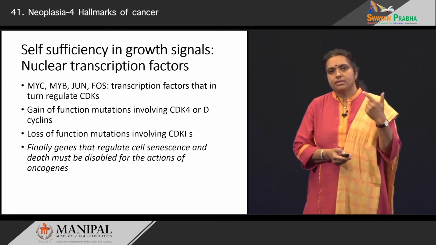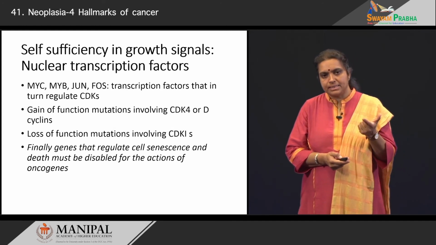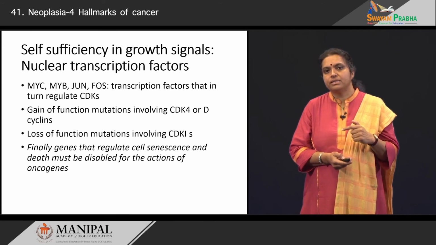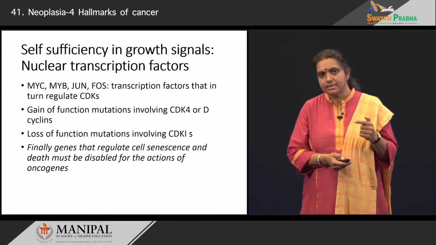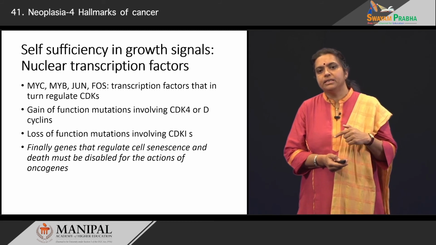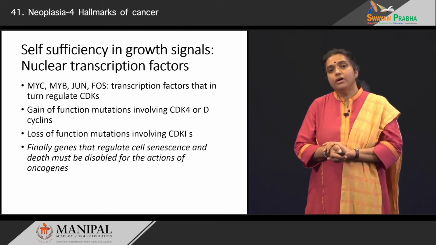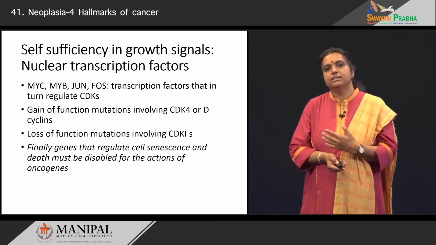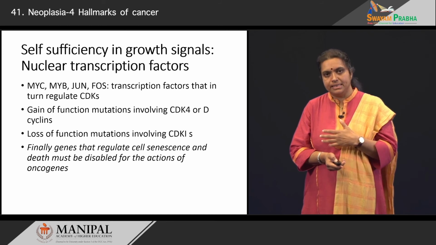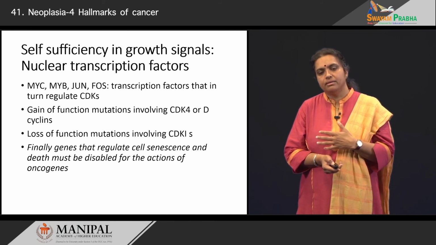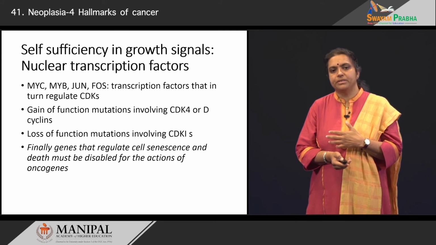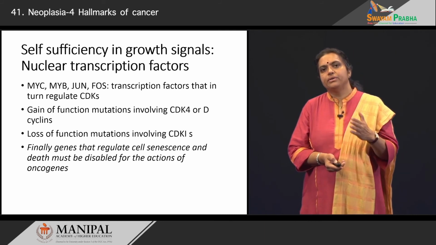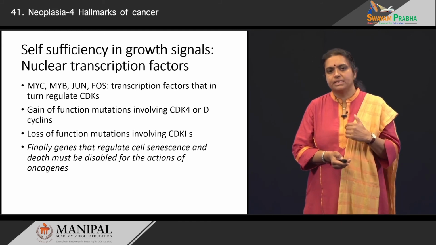In a cell that transforms into a cancer cell, you could have gain of function mutations involving CDK4 or the cyclins, which could drive the cell into increased proliferation, or you could have the reverse, which is loss of function mutations that involve the CDKIs, the cyclin dependent kinase inhibitors. Either of these will result in the cell going into an increased proliferative state.